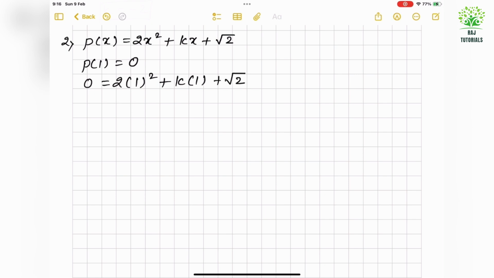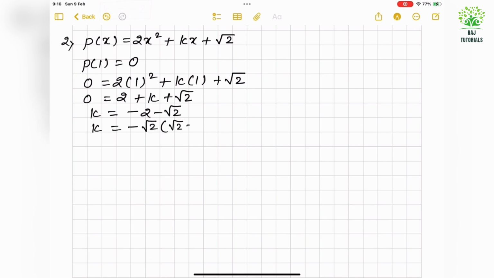So 0 equal to 2 plus k plus root 2. So k equal to minus 2 minus root 2. So that is k, I can write as minus root 2 into root 2 plus 1.